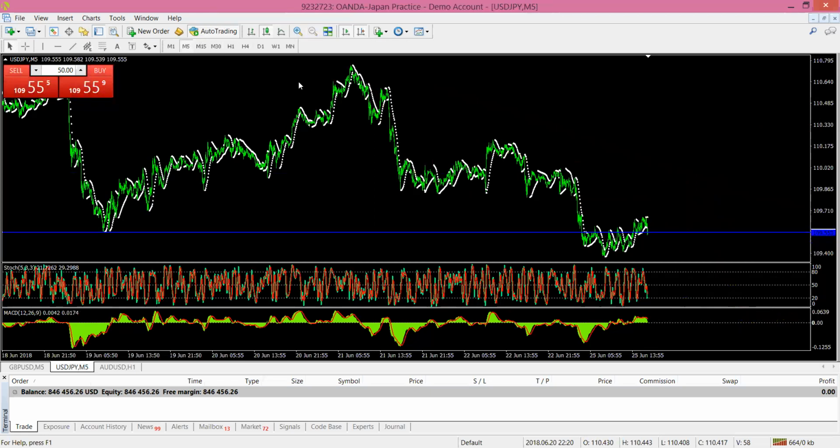Where is it now? So it looks like it's going to do that. Looks like that. If it's 3-wave, we go up, 5-wave, we come down.